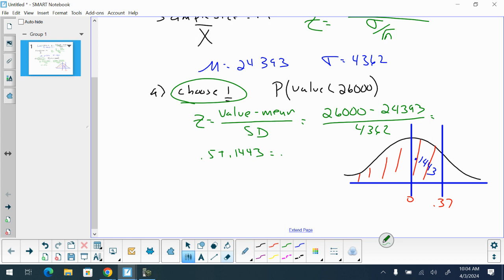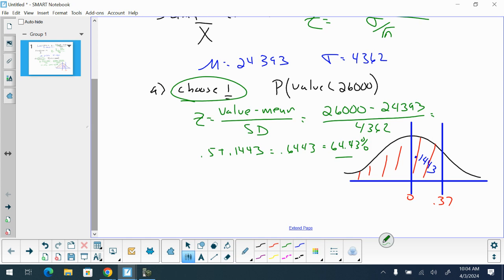So we should get 0.6443, or a 64.43% chance that we will be below that. Or we could think of it this way, 64% of the data values will be below that value. Okay?